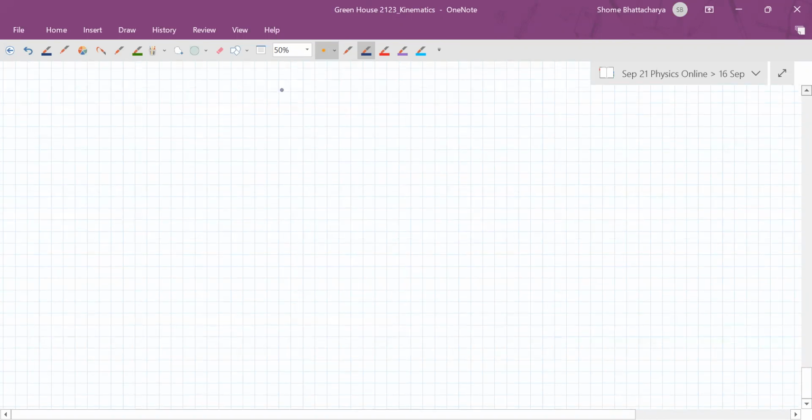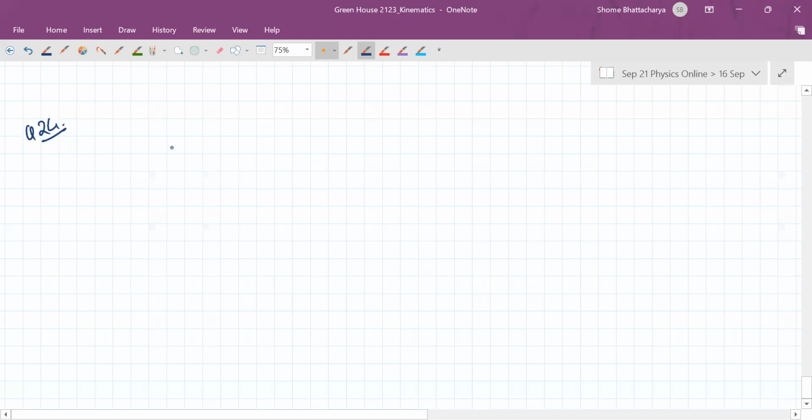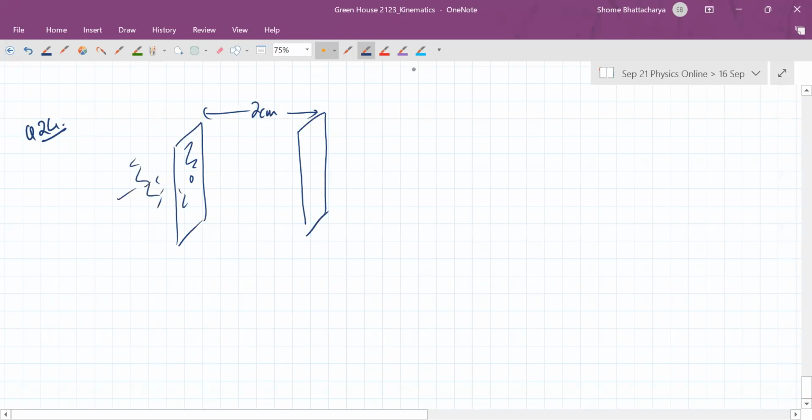So essentially the idea is like this: you have two plates like this. The distance between these plates is 2 centimeters. You're creating a situation whereby there's a hole in one plate and electrons emerge from here because of some other apparatus over here.